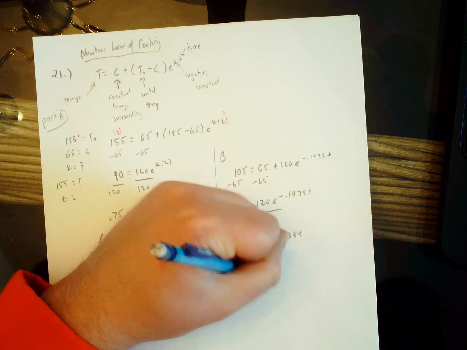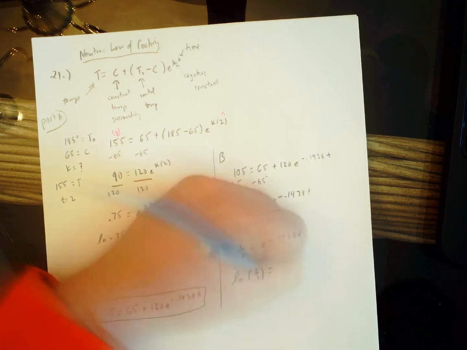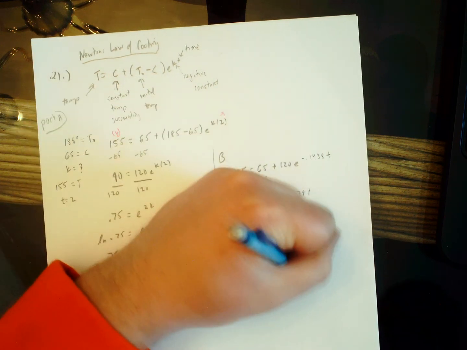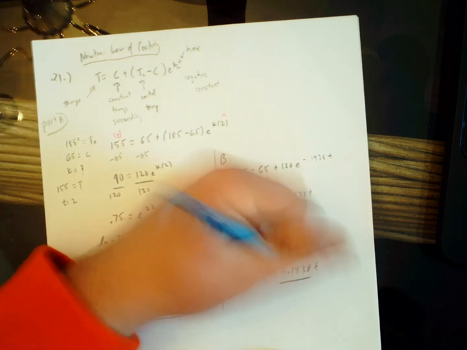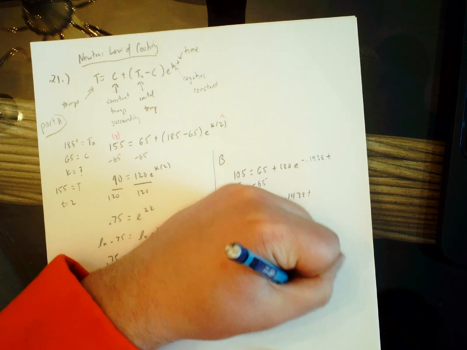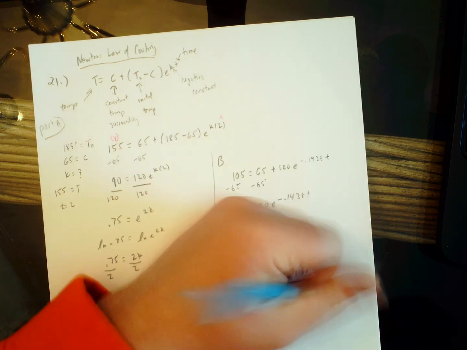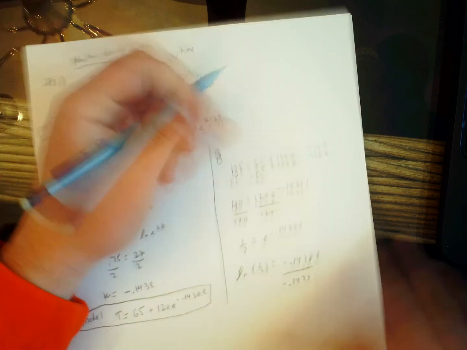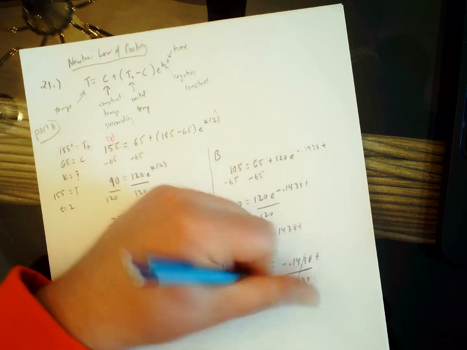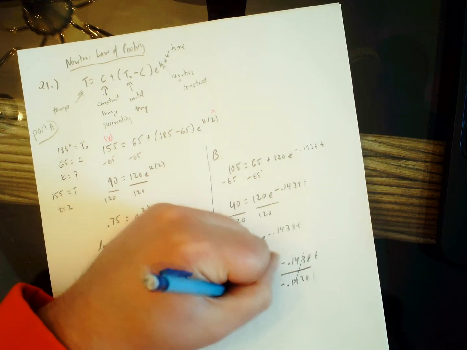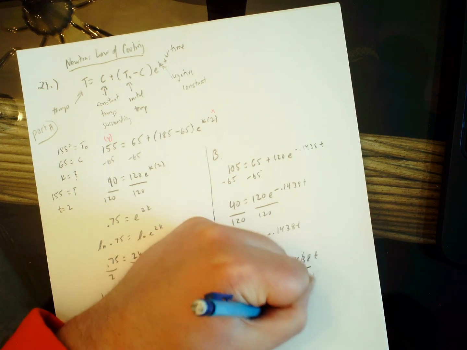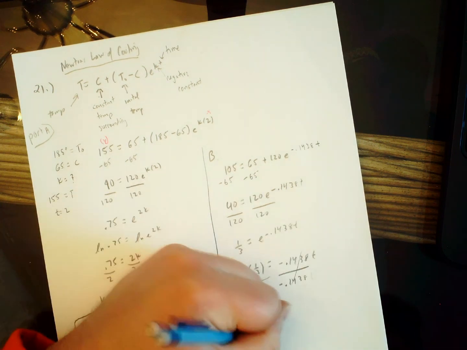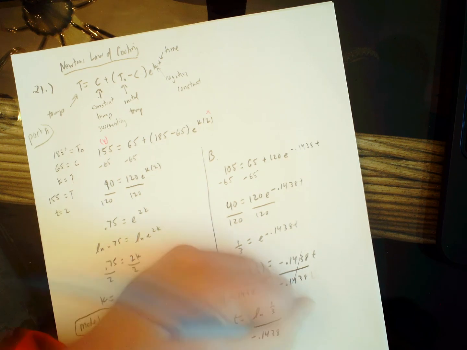We're going to ln. So I'm going to have the ln of a third equals negative 0.1438 t. Finally, I'm going to divide by negative 0.1438. Not t, just negative 0.1438. And time equals the ln of 1/3 divided by negative 0.1438.